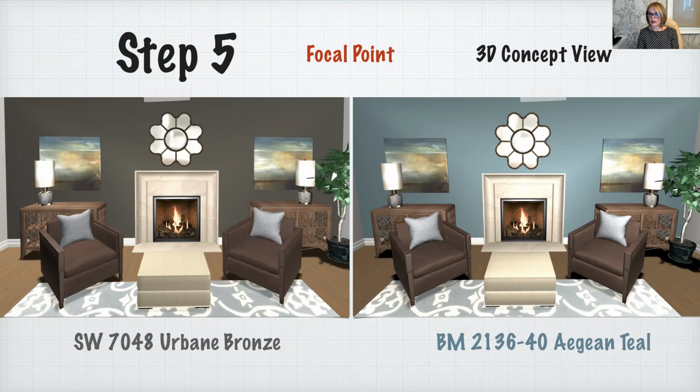And on the right, Benjamin Moore chose Aegean Teal, which is a really soft teal color. So interestingly enough, the two rooms, which have identical furniture, fireplace, and art, both look like two different rooms with just that one paint color difference.